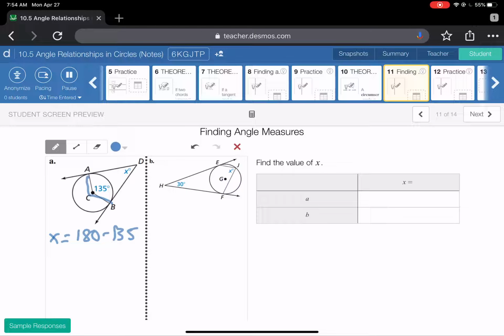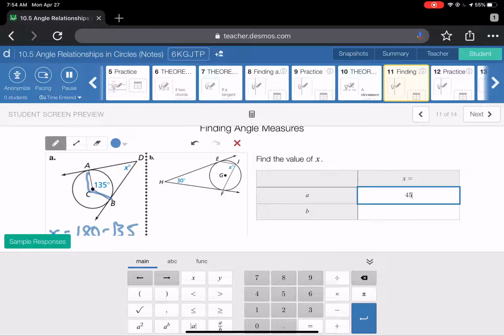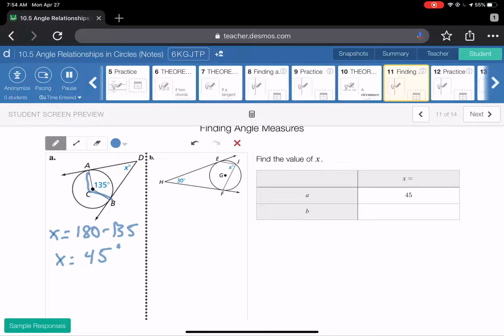So if we subtract that, x is equal to 45. Right? And that's because the circle is circumscribed by the tangent lines. It's a circumscribed angle.